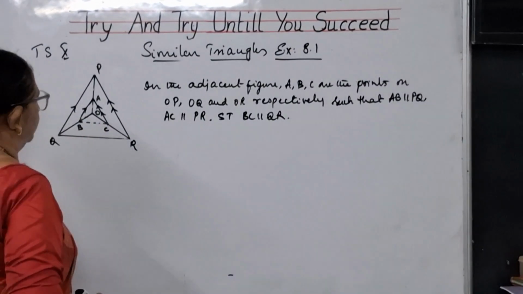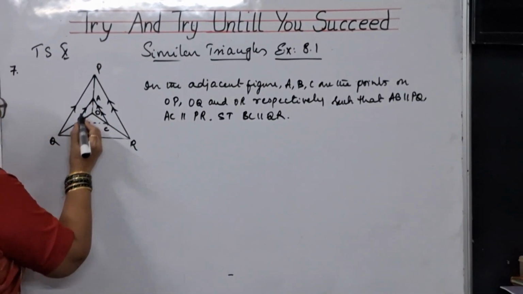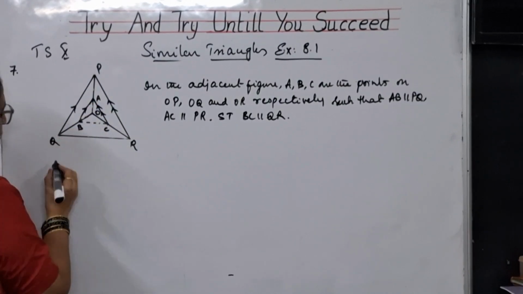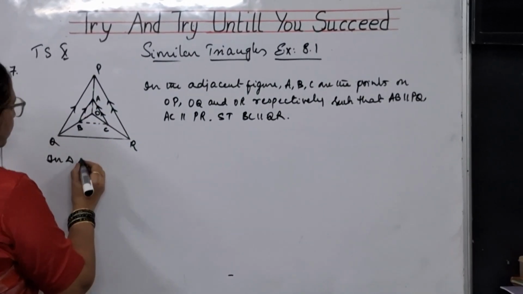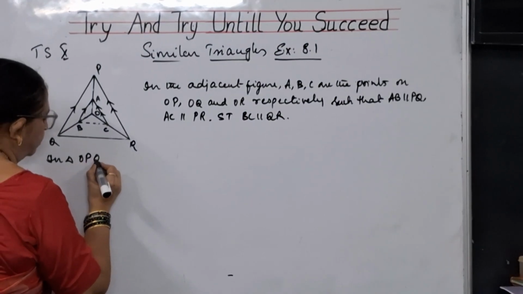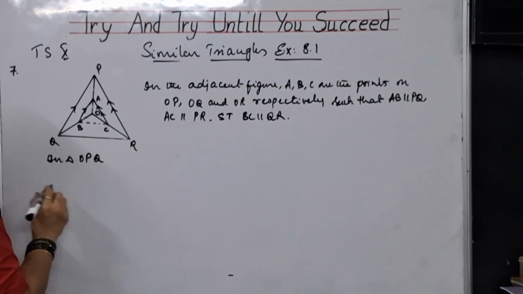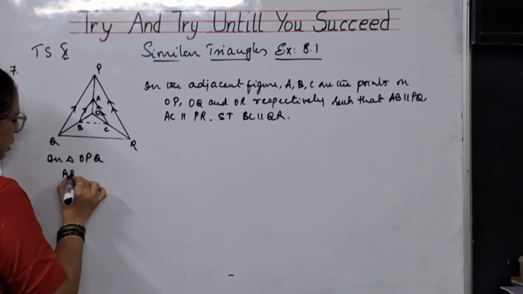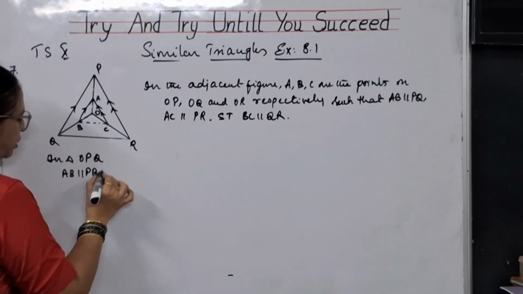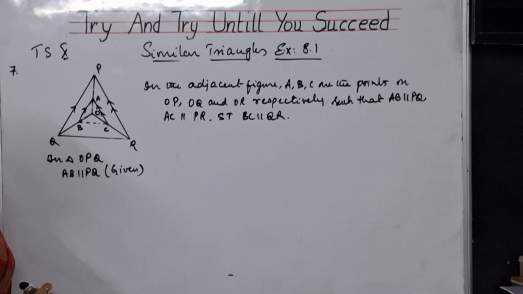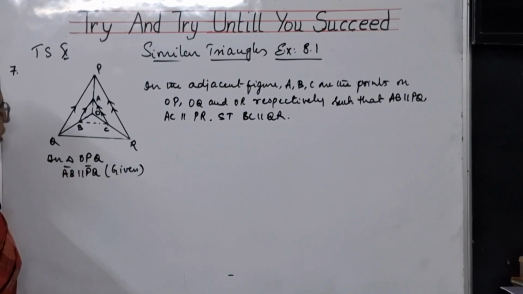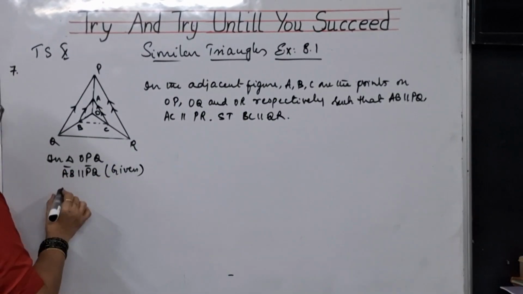See in this, AB is parallel to PQ. In triangle OPQ, AB is parallel to PQ. This is given to us.